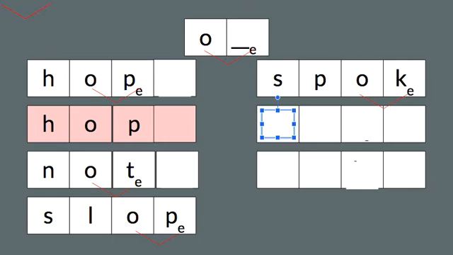T is spelled with a T, O is spelled with a long O and that silent E. T is spelled with a T. Tote is spelled T-O-T-E. It follows our vowel consonant E pattern because there's the long O sound followed by a consonant sound, and so we have that silent E to make that long O.